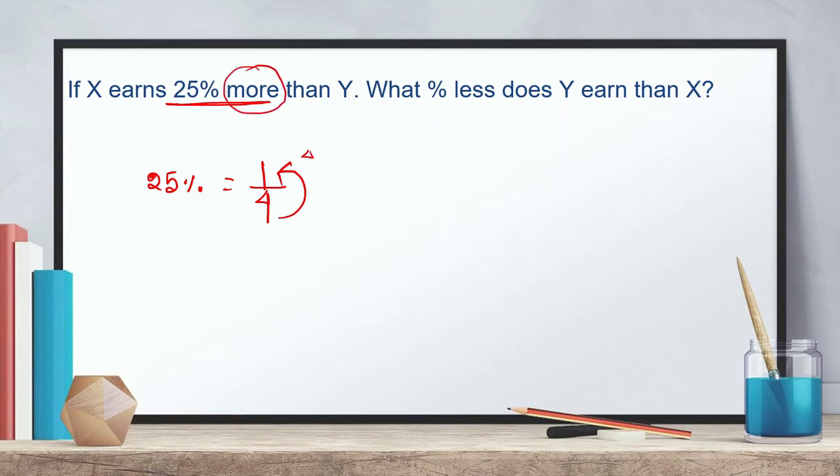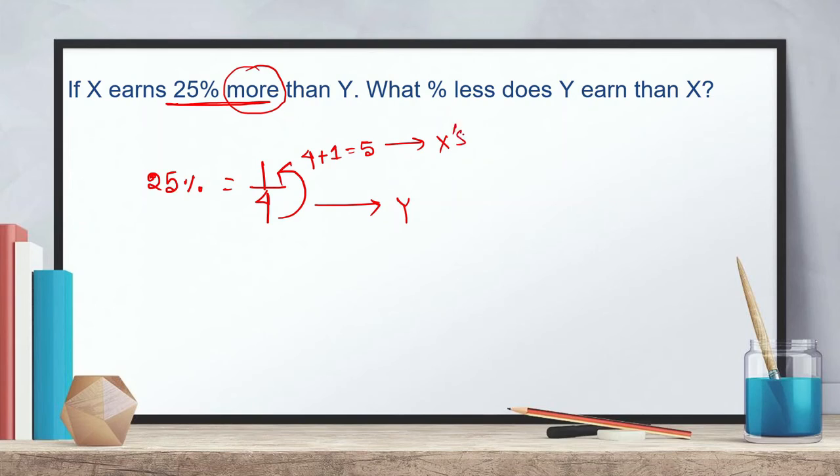So that means it is increment, that is 4 plus 1. So 4 is the original value, that means 4 is the earning of Y, and 4 plus 1 equals 5, which is the earning of X. Clear?